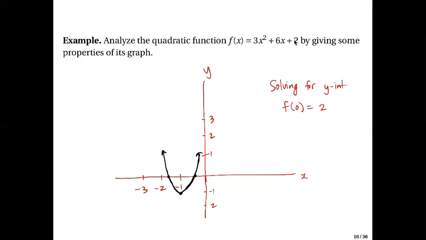Which means the point 0, 2 is also on the graph of the parabola. So this point here is still on the parabola. So if we extend this graph, it will be something like this. And of course, you can just extend this here. So this will be roughly the sketch of the parabola.